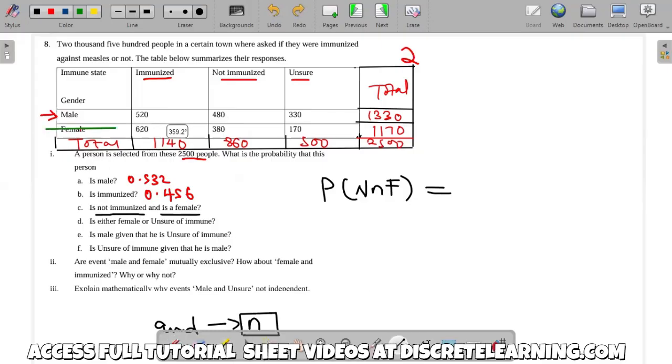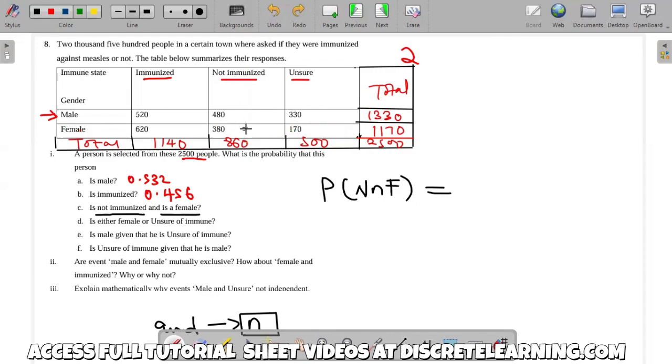So in the females, I draw a line like that, and then in the not immunized, I also draw a line. In the box where these two lines cross, that's where my intersection is. So you've seen this part here. In this box, that's where my intersection is for the not immunized and the what? The female. So I'm just going to get that same number.